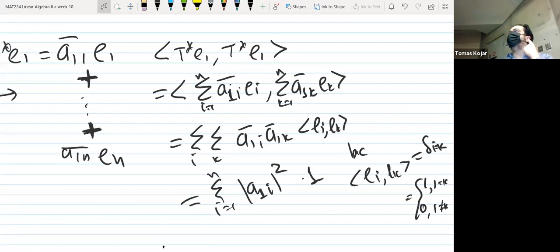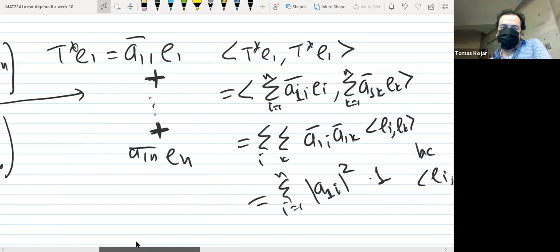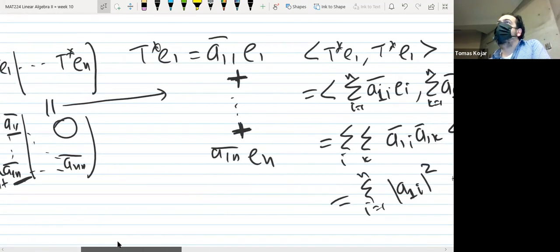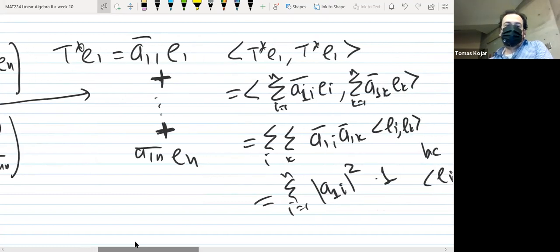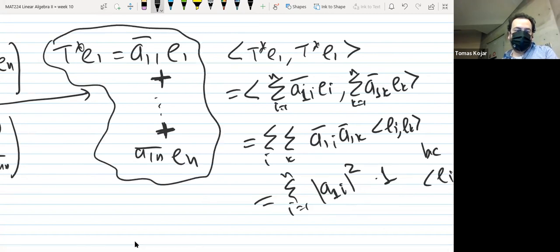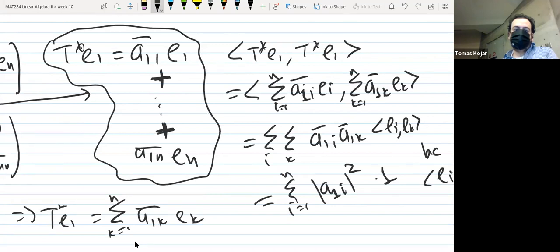So here's a new notation. You're free to use it in the house. This bubble over here, in index notation, you can write it like this.